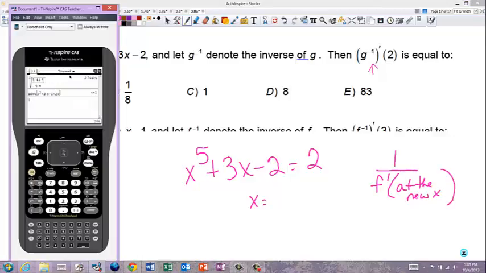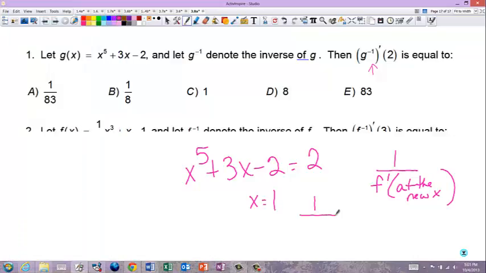Usually these you actually can use your solve feature on because it's just a polynomial. The only time you really can't use your solve feature is with a trig function, and sometimes it gets mad with logs too, but for these you can use it. Equals 2, comma x, 1 again, coincidence.